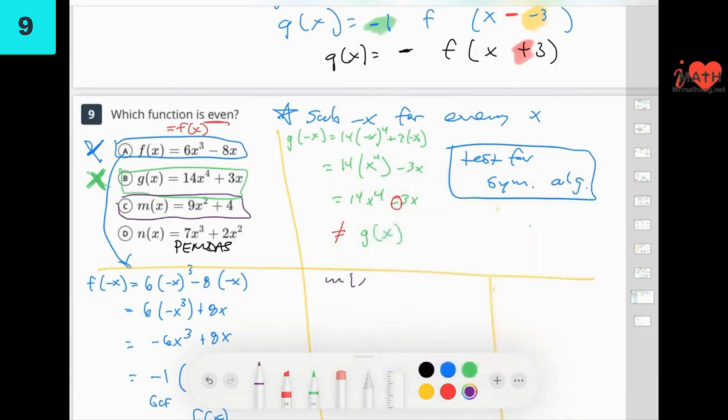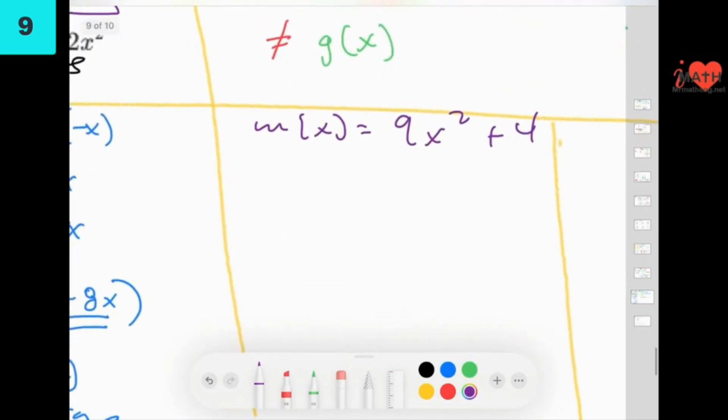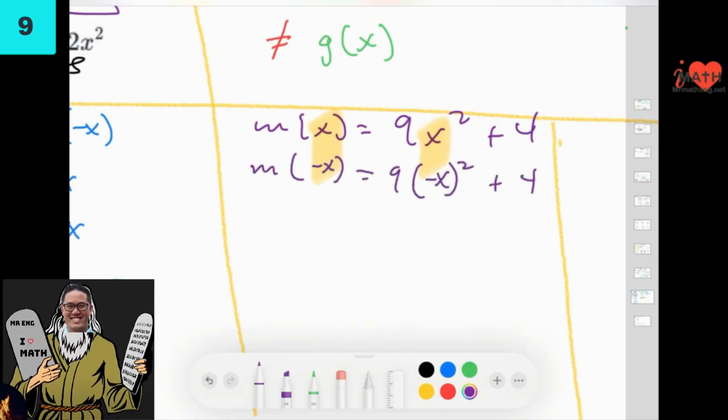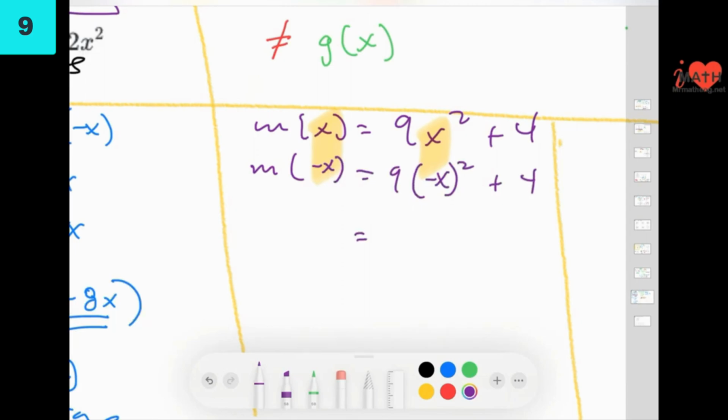M of x is this. And every time, again, we see an x, we're going to write a negative x. Now, don't be concerned about the left side. So, m of negative x equals 9 times negative x squared plus 4. And I'm going to do negative x times negative x, which is x squared.